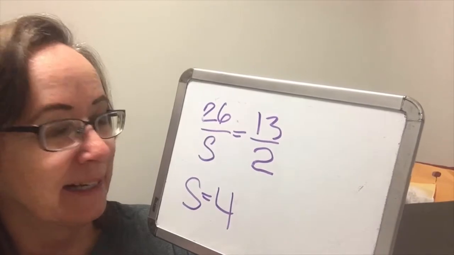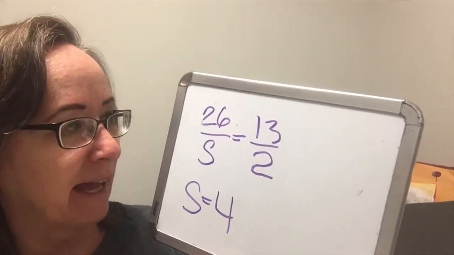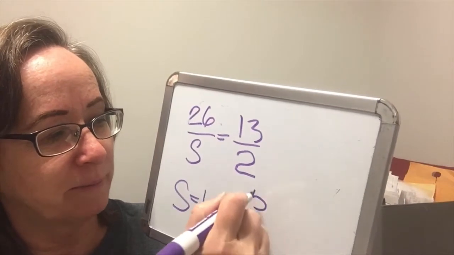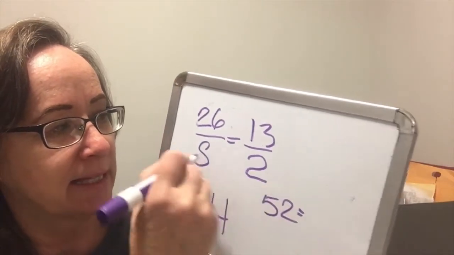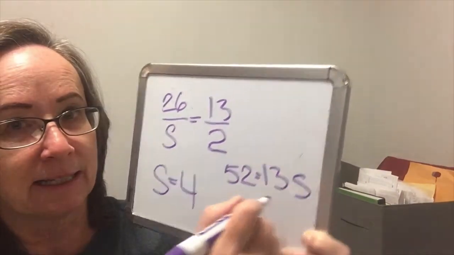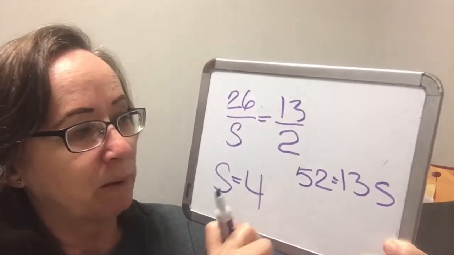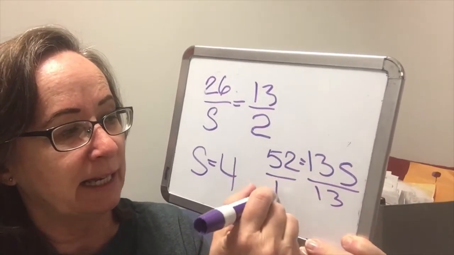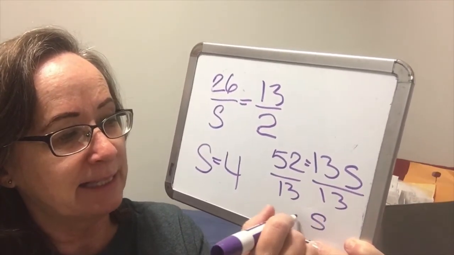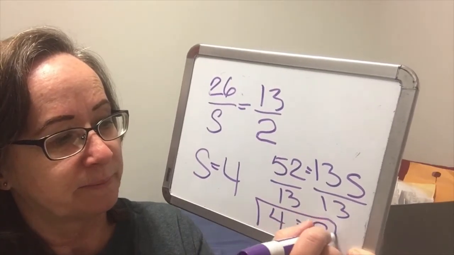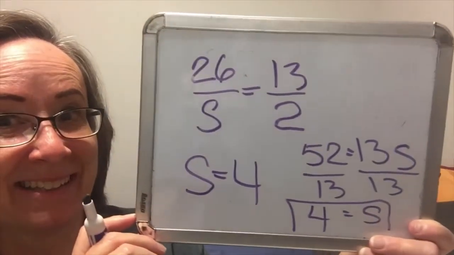But let's check it. If we cross multiply, we're going to get 52 is 13S. And then we divide both sides by 13, and we get S equals 4. How's that?